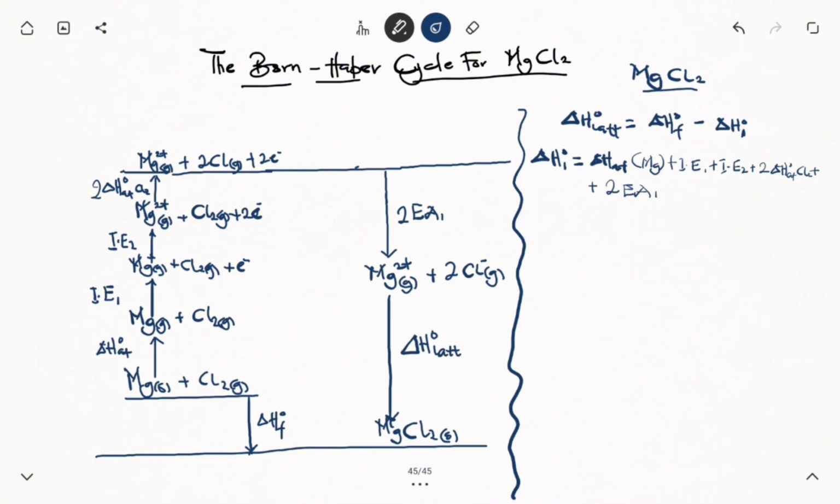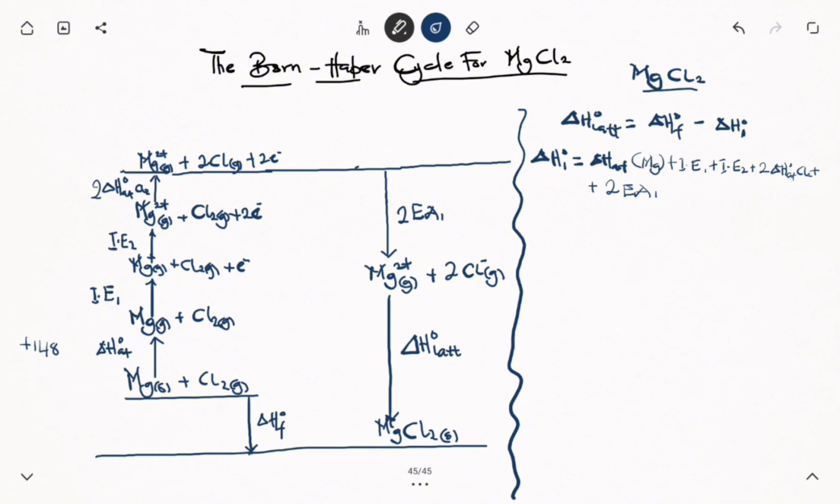Okay, now what are the values involved? For the atomization of magnesium, delta H, we have the value to be plus 148 kilojoules per mole.